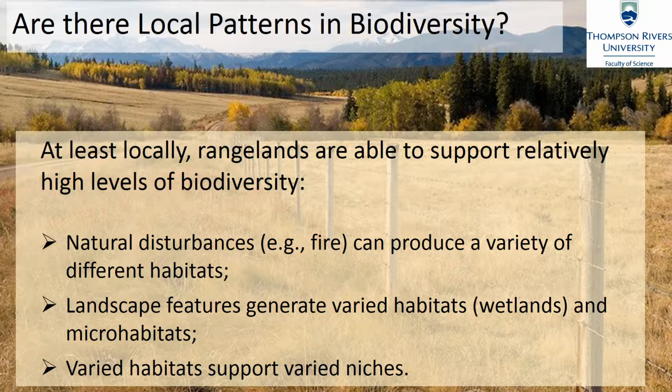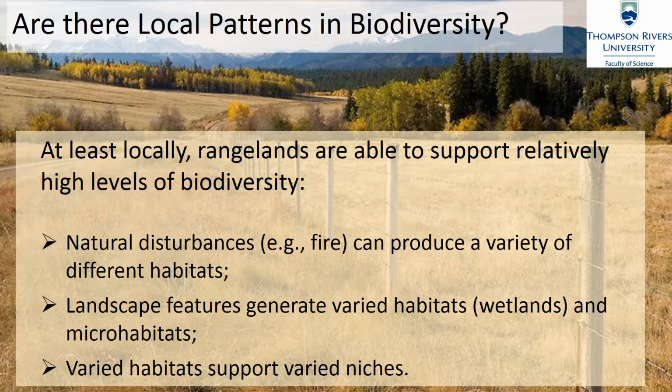That productivity can support a much more varied community of organisms because individuals can specialize on different parts of a plant. For example, the leaves, stems, and roots could all have different beetles that are specialists on them, as a result of competition in the past that led them to specialize on those resources.